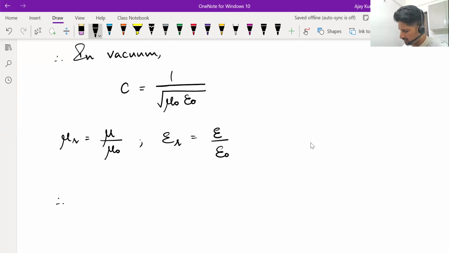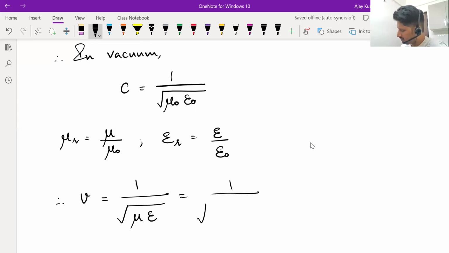So the speed of an electromagnetic wave generally can be expressed as 1 by under root mu epsilon, which changes to 1 by under root mu r mu naught epsilon r epsilon naught.